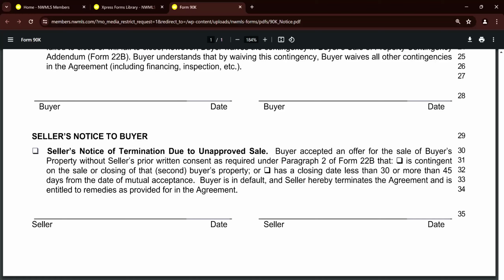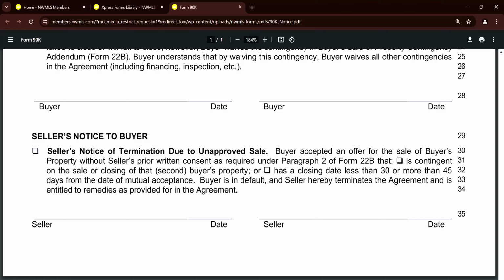If they would have got mutual acceptance today, closing would be exactly in 30 days, but since the offer was still good till tomorrow, they signed it and sent it tomorrow. Now, how many days is that closing date away? It's 29. Your closing date just dropped away one day.